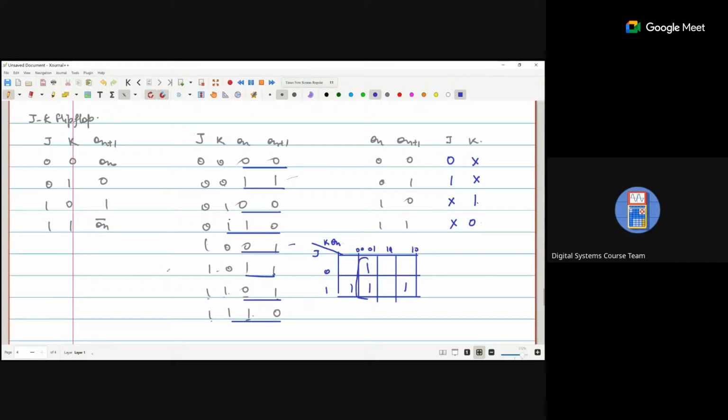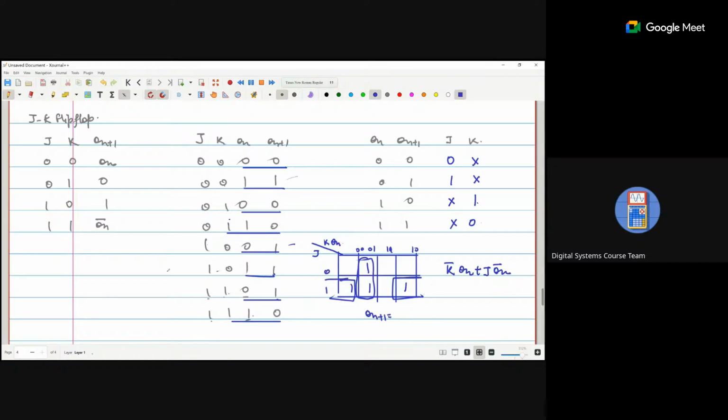Okay, so one group we create for this one and one group we create for this one. So the equation is K bar Qn plus J Qn bar.